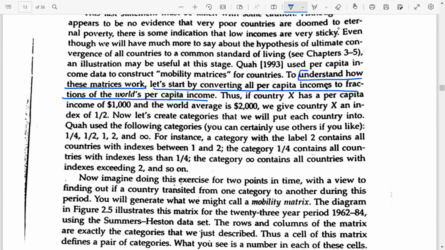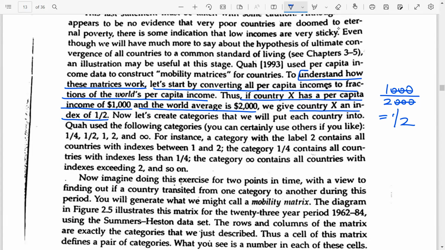To facilitate a comparison, we are converting the per capita income of every economy to the world's per capita income. So if country X has a per capita income of $1,000 and suppose the world average is $2,000, then country X will have an index of half. That means $1,000 divided by the world's per capita income of $2,000 gives the index as half.